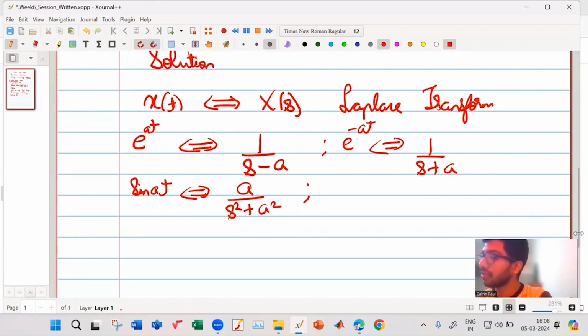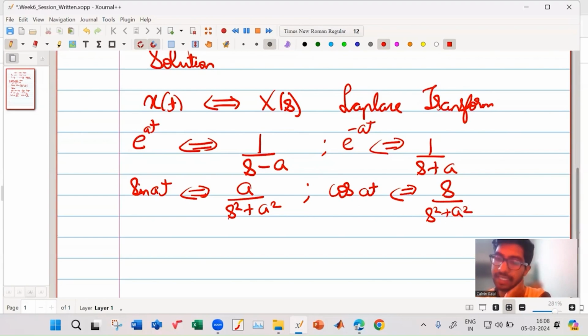And what is the Laplace transform of cos at? It is s by s square plus a square. Okay, these are very standard relations which we will find very useful while solving our electrical circuits using Laplace transforms.